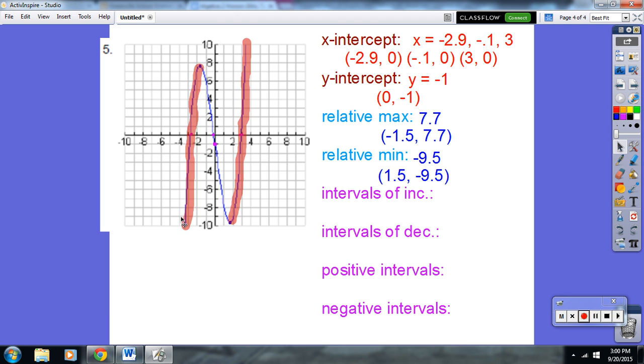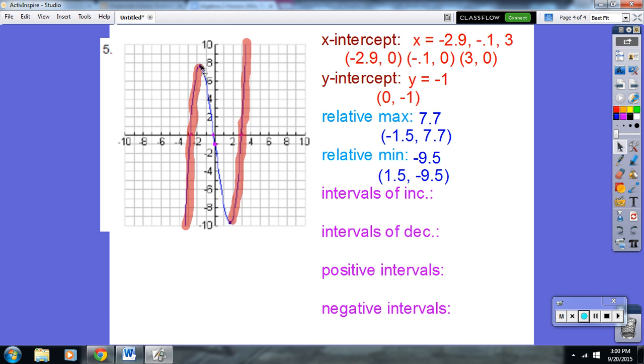So for intervals of increase, one thing we need to remember is that we're describing intervals left to right. If it's the leftmost section of the graph, like this interval right here, we start that interval with negative infinity because it's moving infinitely to the left, which is the negative direction. So I would describe this interval as negative infinity all the way to here.